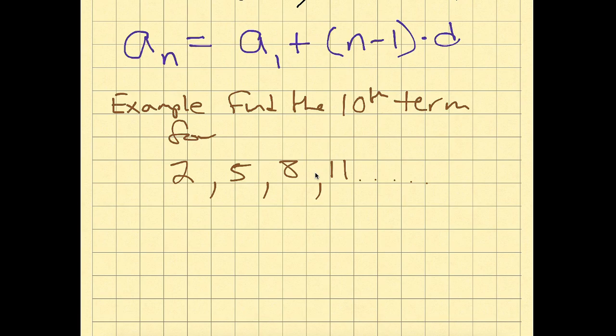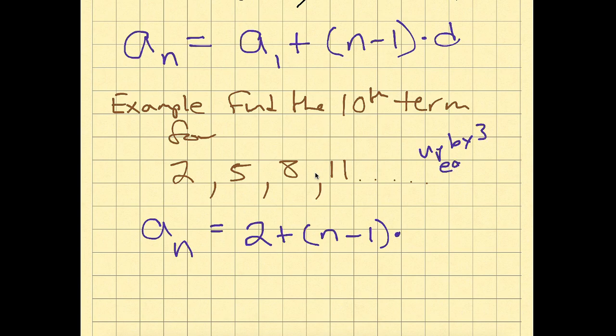So if you're going to find the 10th term, we know that a sub 10 is equal to the first term plus, let me back it up, just make a general rule, n minus 1 times the common difference. The common difference in this one is going up by 3 each time.